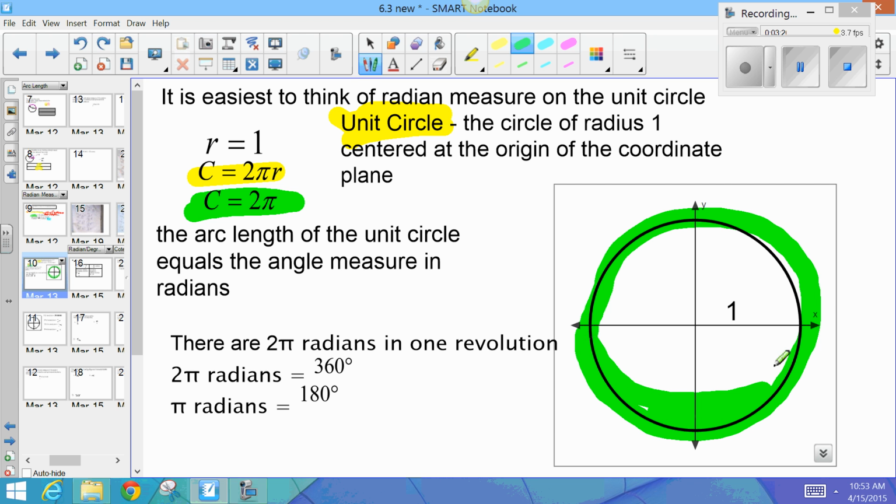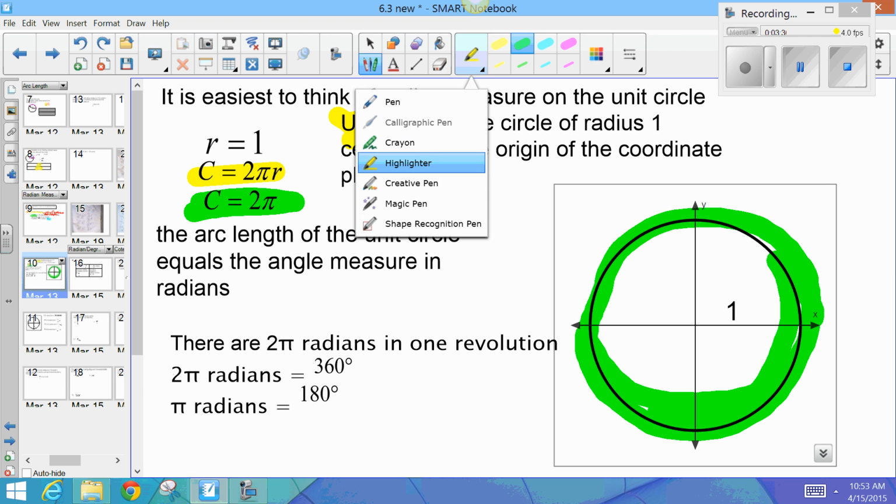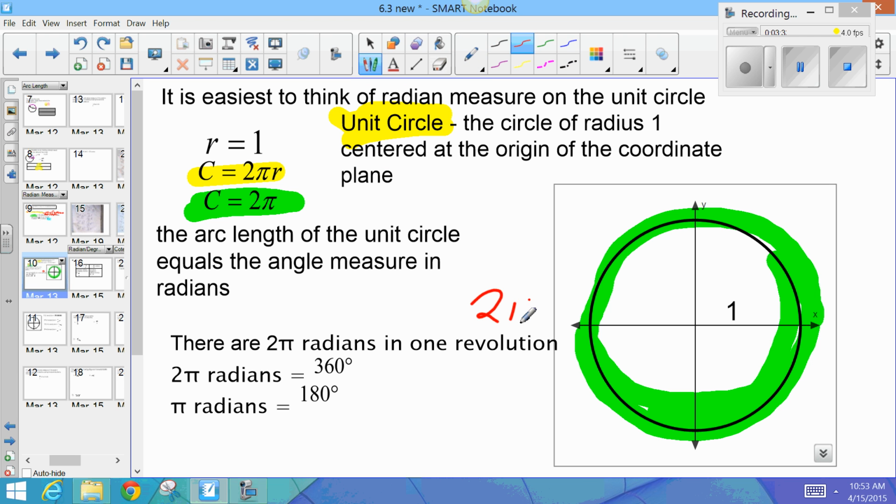When it's measured in radians, there are 2 pi radians in a circle. So there are 2 pi radians in 360 degrees. That's a full circle.